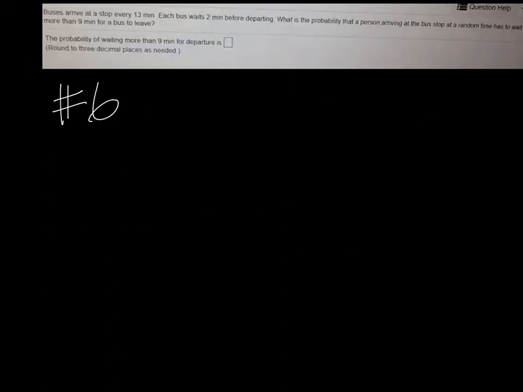So here, this one's kind of like the last one, but it's a little bit more tricky. It's saying stops every 13 minutes. So this would be 13. Bus waits for 2 minutes before actually departing, so this would be 2. However, it's saying, what's the probability that the person has to wait more than 9 minutes?